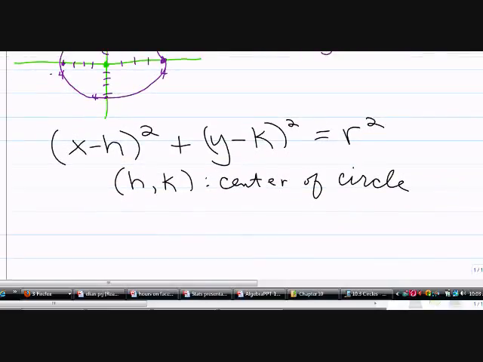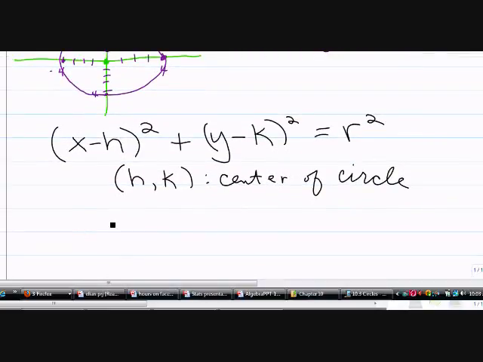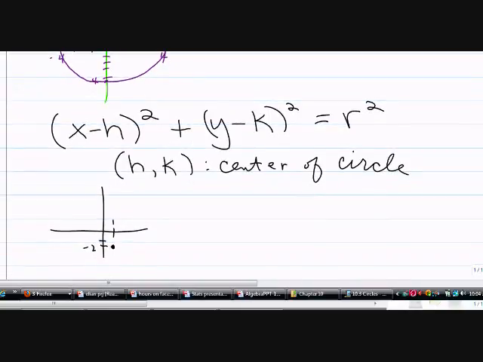So, for example, if I wanted to have a circle whose center was at 1, -2, and I want, let's say, a radius of 3. So I'll go right 3, up 3, left 3, down 3.